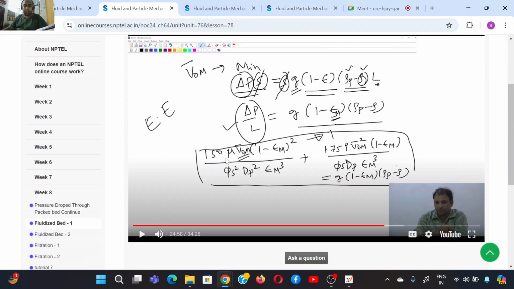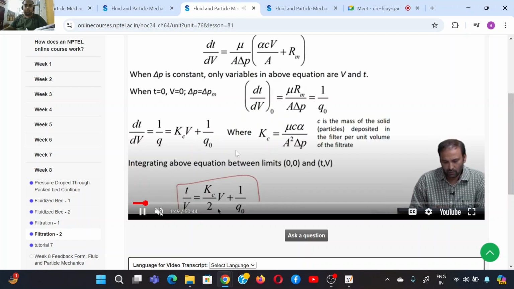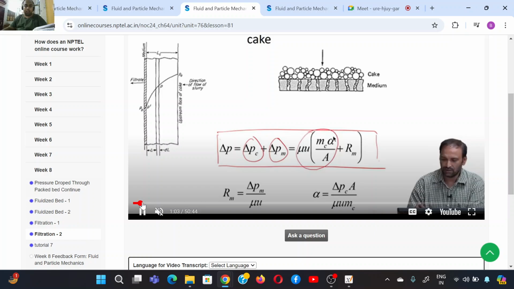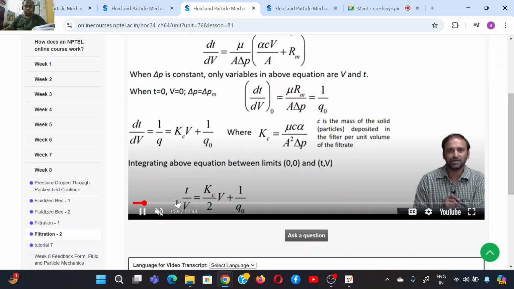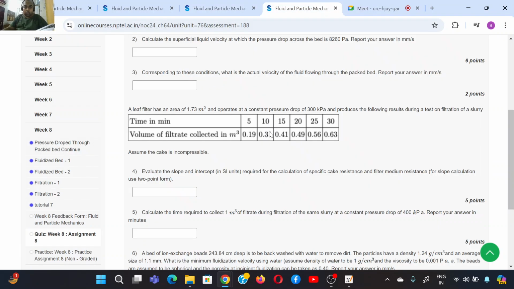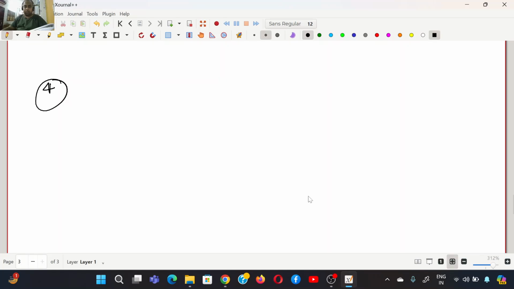If you go to the first lecture, this was the equation. t by V is equal to Kc V by 2 plus 1 by Q naught.